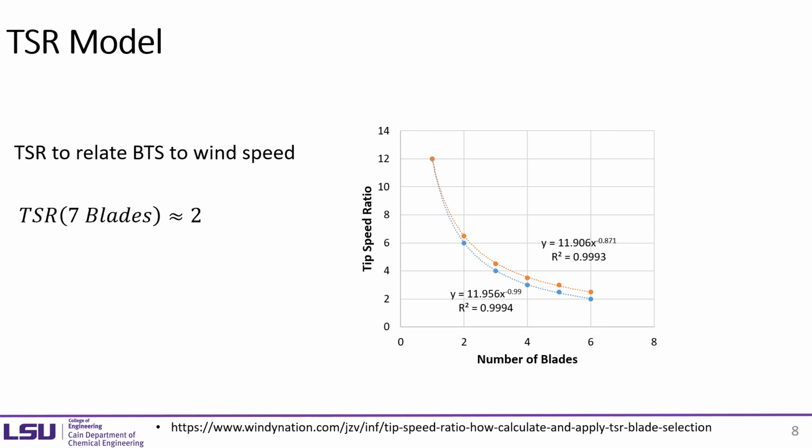From this data, we can create a model, and the R squared value lets us know that this is a very accurate fit. With this model, we can extrapolate a tip speed ratio number for a CPU fan that has 7 blades. And with this extrapolation, we find that the tip speed ratio of a CPU fan with 7 blades is about 2.